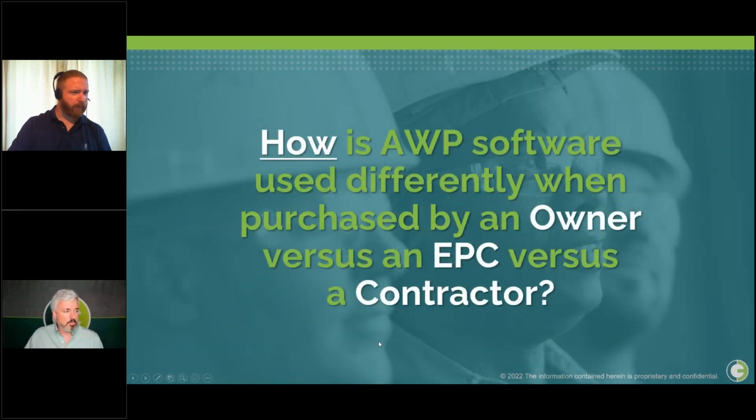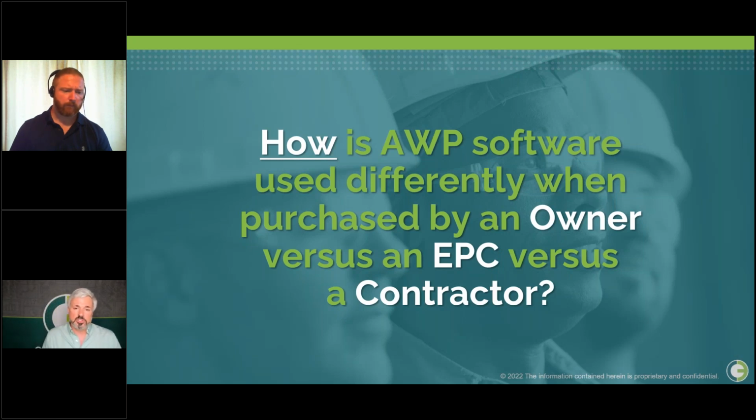Fantastic. Okay, next question. How is AWP software used differently when purchased by an owner versus an EPC versus a contractor, for example? Yeah, well, the owner's in a unique position to care about the entire project, from early planning through commissioning and startup. And so when the owner or EPC is purchasing the tool, it allows the project to maximize the use of AWP best practices and associated benefits across that entire project lifecycle.